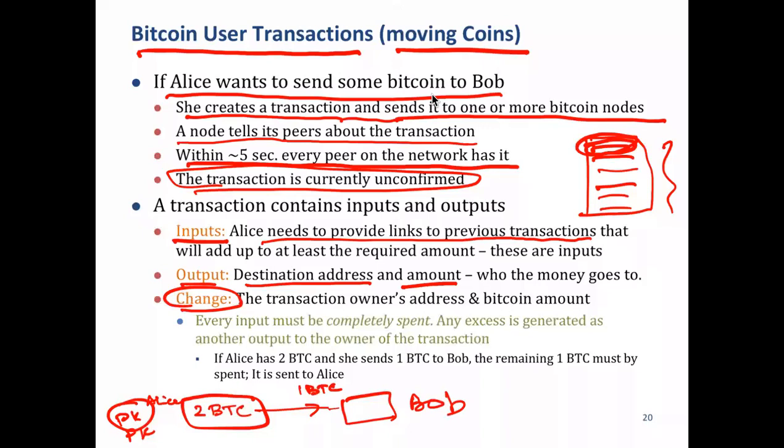But interestingly, every input is basically where she has received money at time t, whatever money she has. Although she is doing a partial transaction to somebody else, she has to complete it. She is sending only part of the money that she has, but she has to completely spend it. Now what could be the logic behind it?